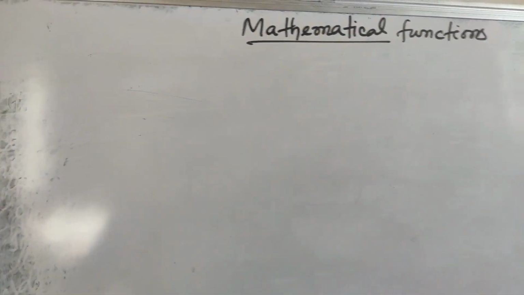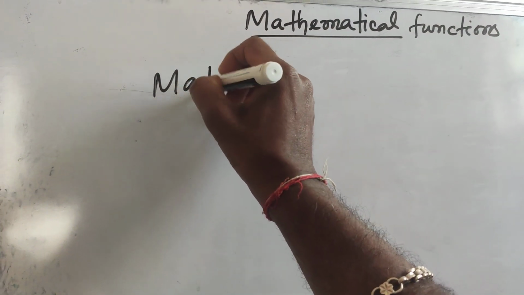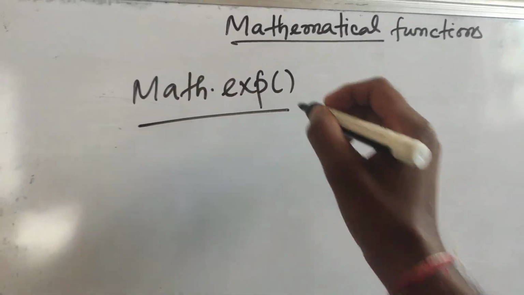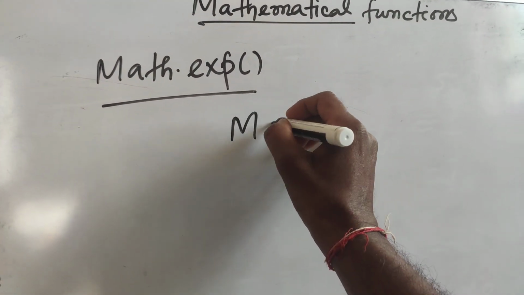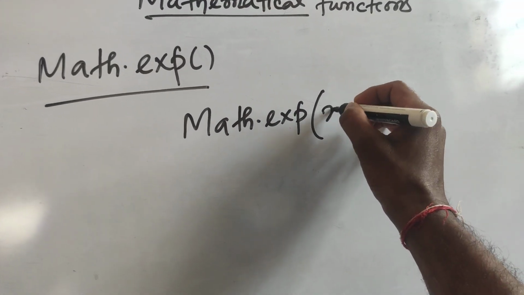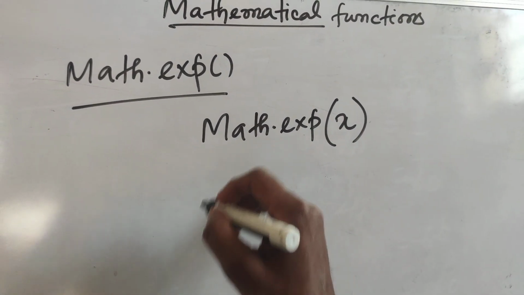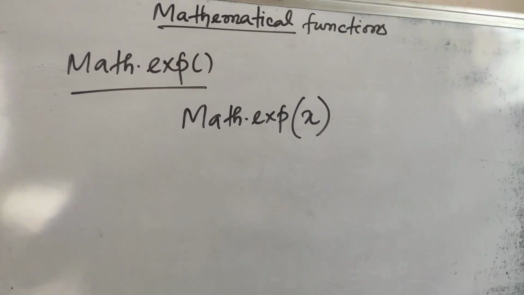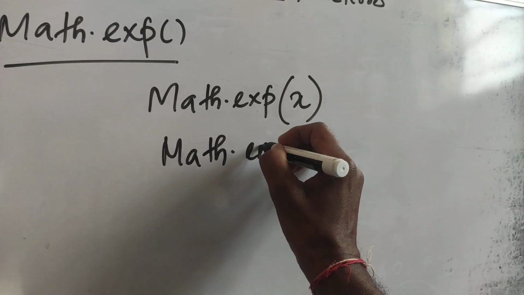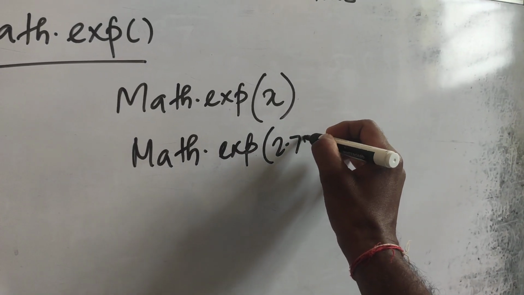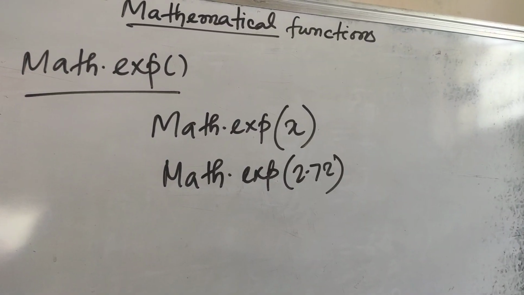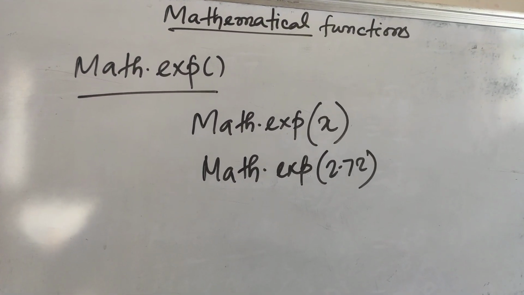Now math.exp, exponentiation. If you want to give any value, like math.exp of x, math.exp of 2.72, any one value will come. Exponentiation.